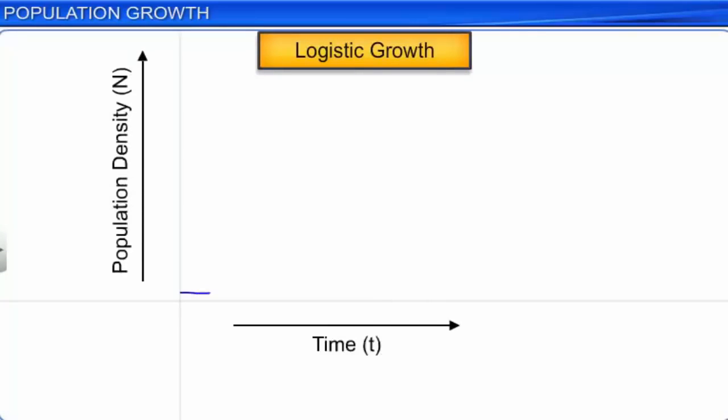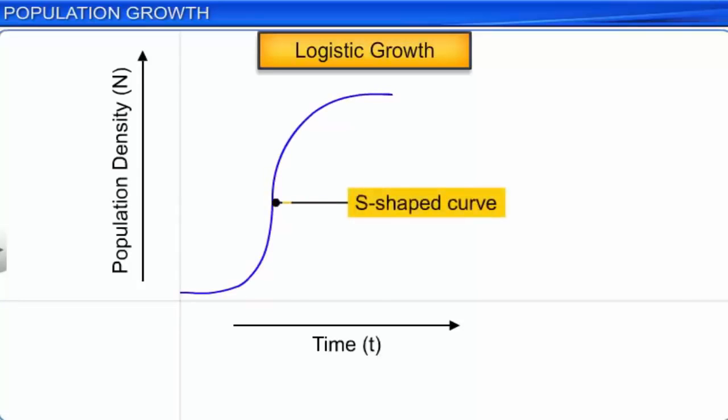On plotting the readings, you will notice an S-shaped curve or a sigmoid curve. From the graph, you can see that for a population growing in a habitat with limited resources, there are three phases.